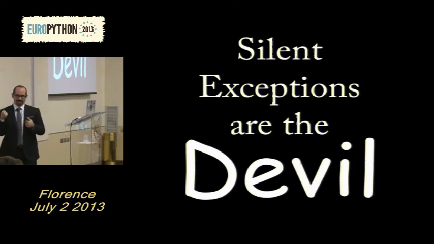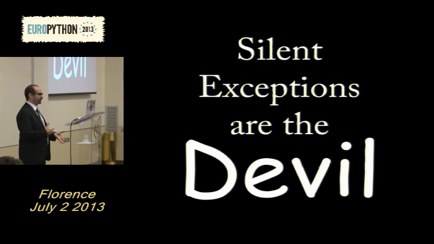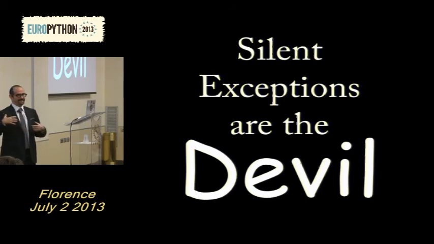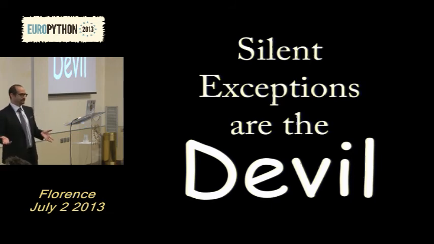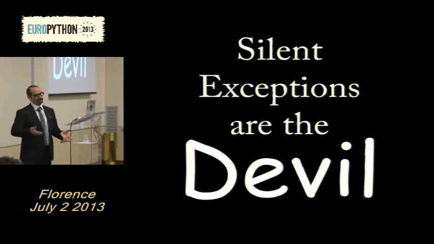A few years ago, I had a project where I did something like this, and there's a very high-profile developer who I was working with for a little while. He's become very high-profile, and he wanted to use silent exceptions in a number of places, and I told him, you can't use it. Silent exceptions are the devil. And he's like, well, I disagree.